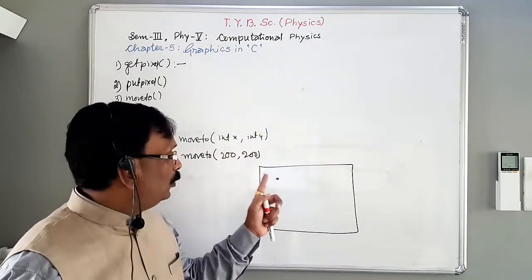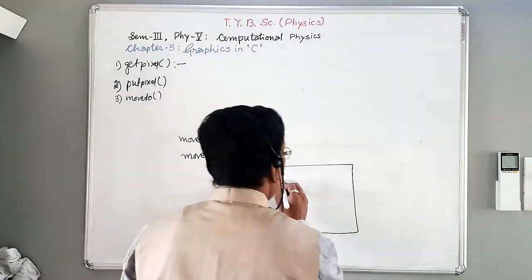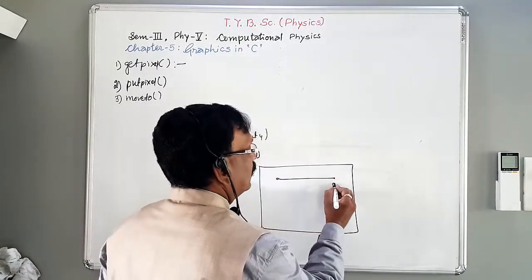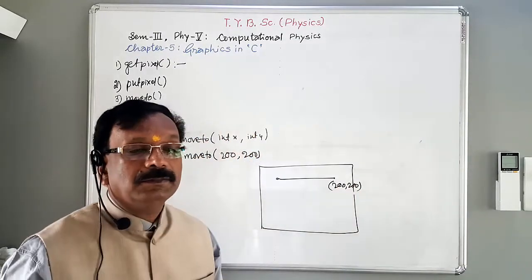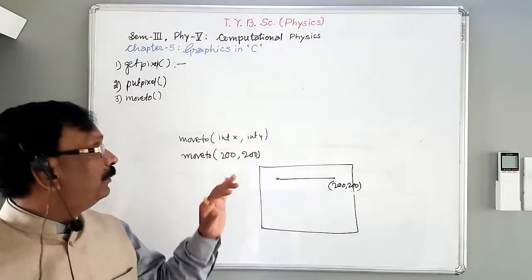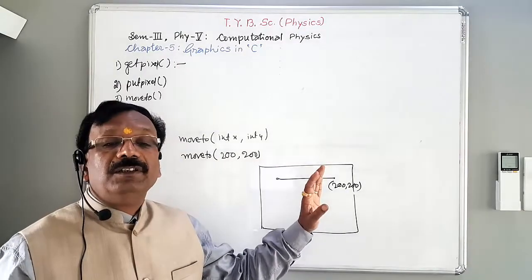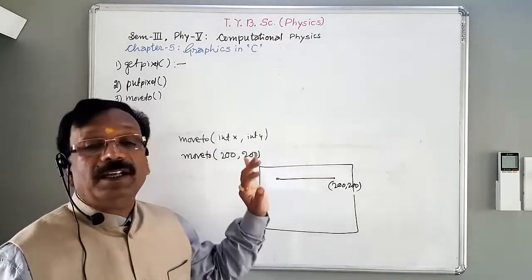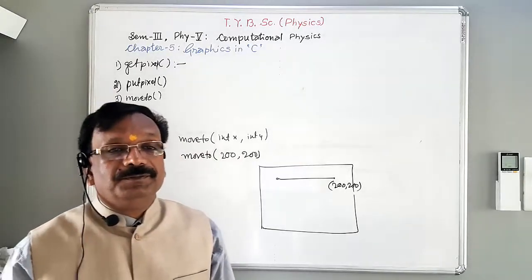This function moves this point from the current position to the new position here, whose coordinate is 200 and 200. So in order to move the point from its current position to a new position defined by x and y coordinate, we have to use this move to function.